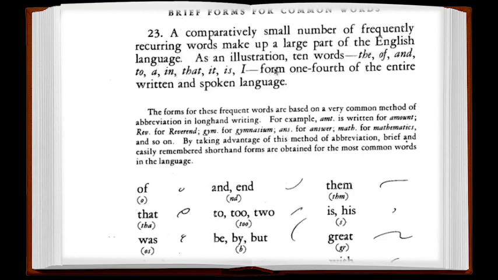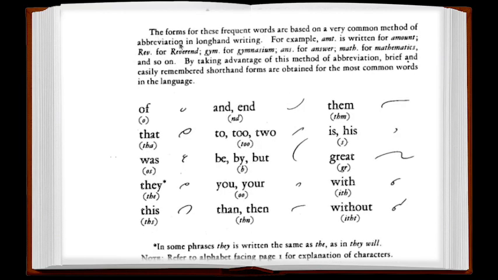As an illustration, 10 words: the, of, and, to, a, in, that, it, is, I, form 1/4 of the entire written and spoken language. The forms for these frequent words are based on a very common method of abbreviation in longhand writing.